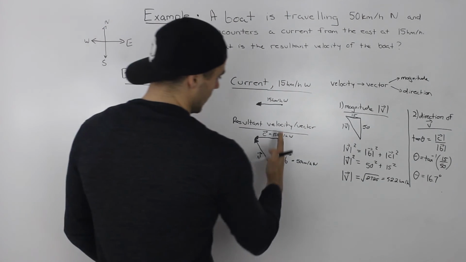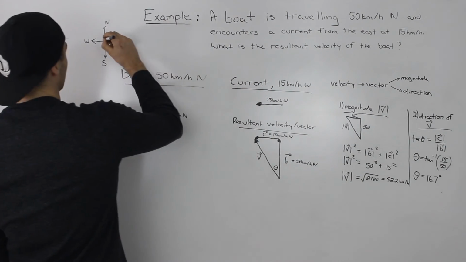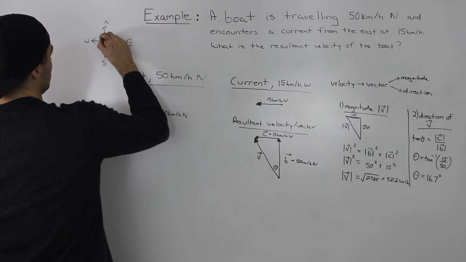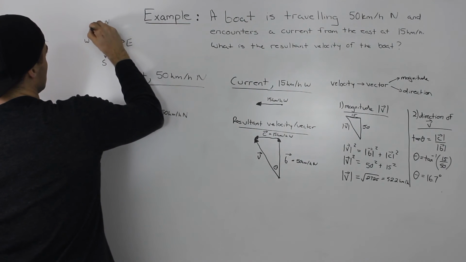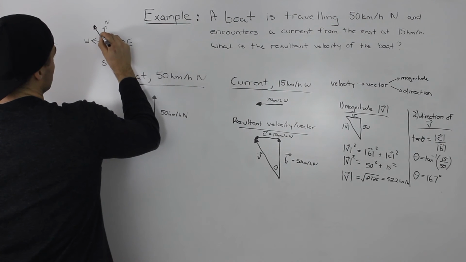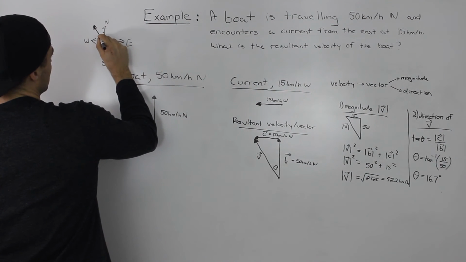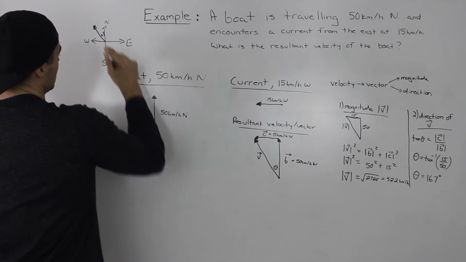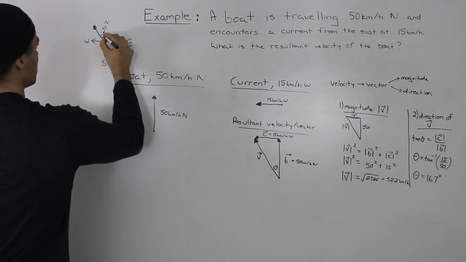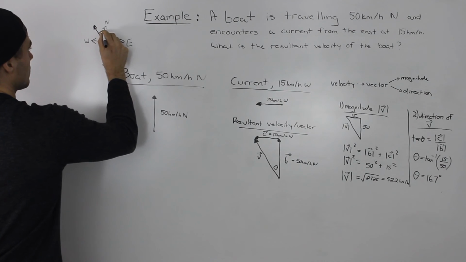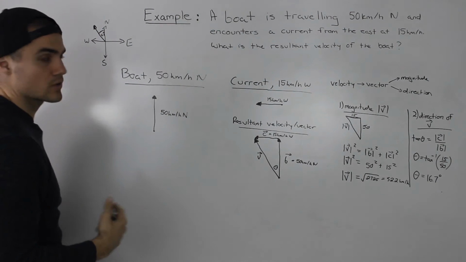That means that if we go back to our compass, the boat is going this way, and the angle here is 16.7 degrees, this angle right here. It might be kind of small and you might not be able to see, but from north to here, that angle is 16.7 degrees.